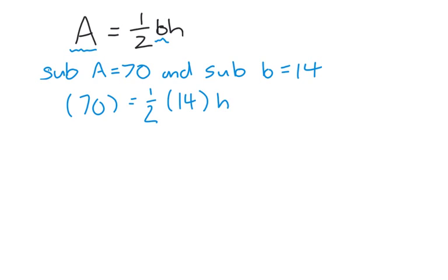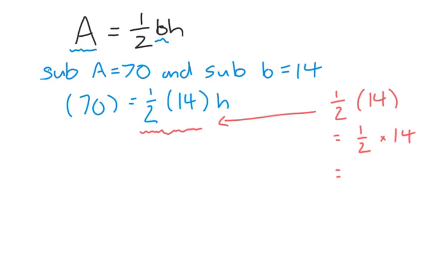In our next step, we want to simplify some of the numbers we have here. Let's take a look at the right side. I have 1 over 2 multiplied by 14. Let's go ahead and write that on the side. Remember, when you have a number in front of a pair of brackets, the operation is multiplication. 14 is a whole number, but if I were to change it into a fraction, it would be 14 over 1.